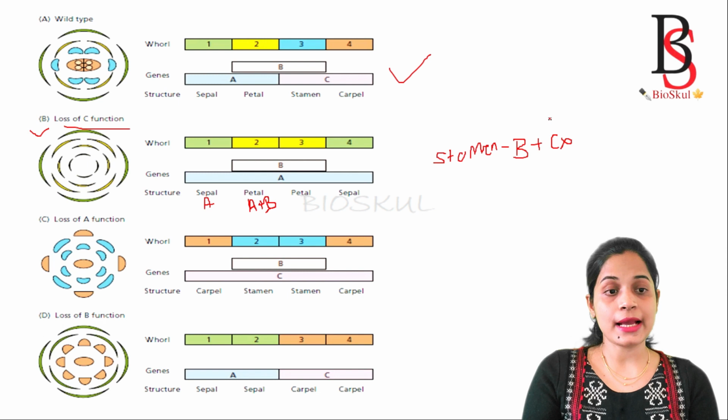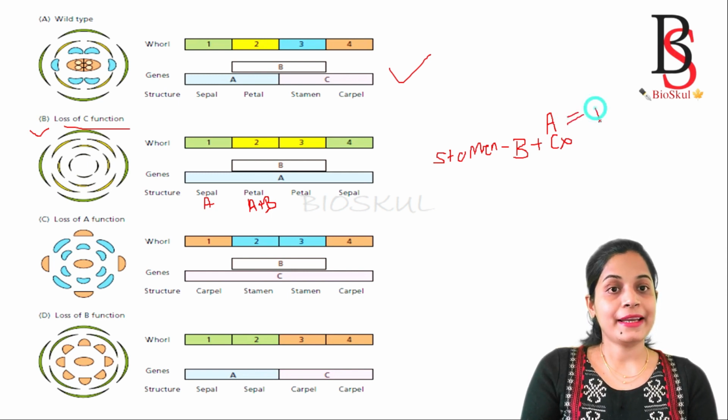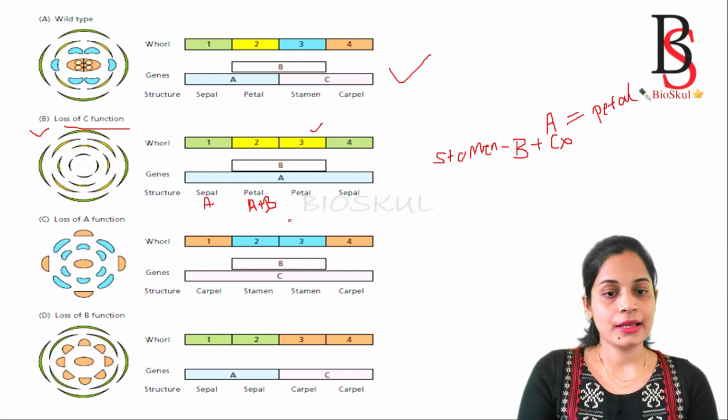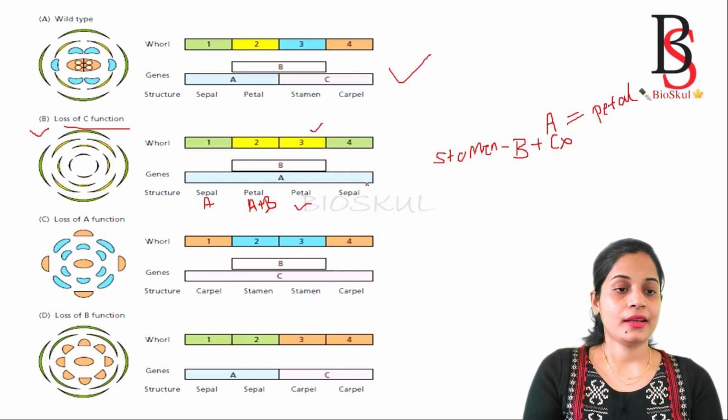So if the C is absent, then what will it express? It will express the A. So in the third whorl, instead of the stamen, what will form? It will form the petal. So the third whorl represents the petal. Okay.